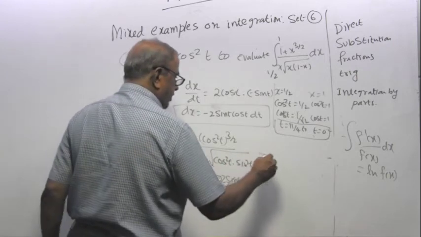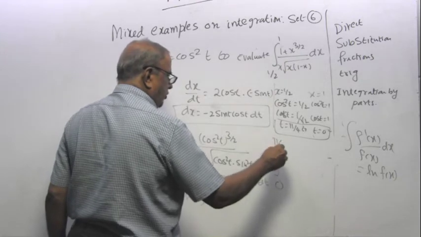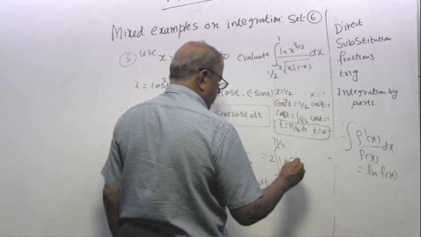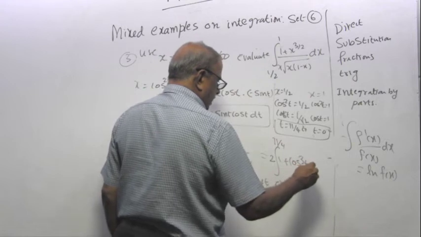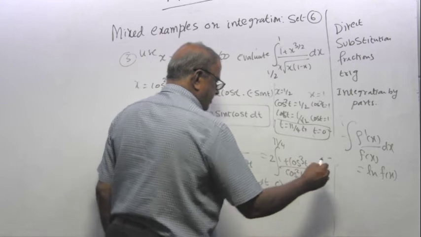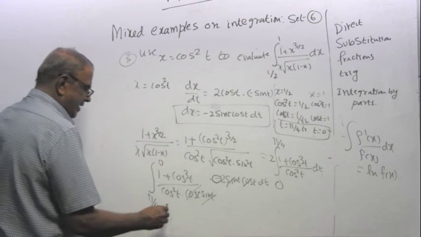So it becomes integral 0 to pi over 4. I can remove 2 out. (1 plus cos cube t) over cos squared t dt. Life became so easy now. Split it.